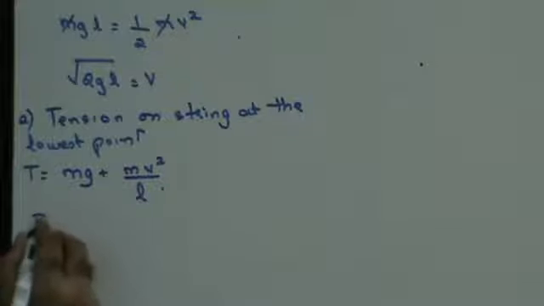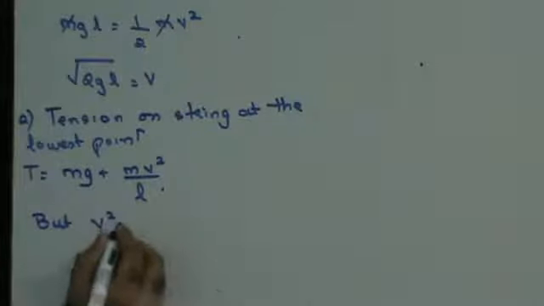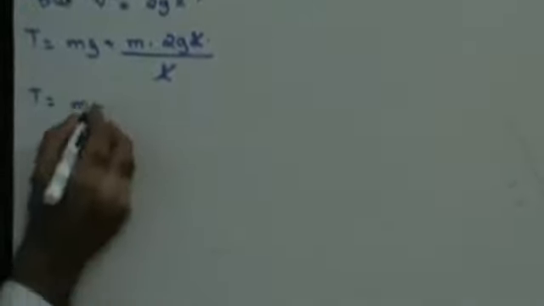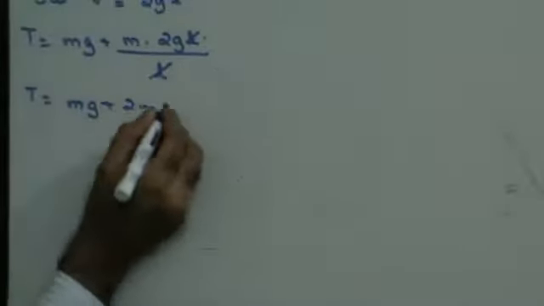Now, this is going to be your formula for this. V square is equal to 2gl, therefore tension is equal to mg plus m into 2gl upon L. L and L gets cancelled, so tension is equal to mg plus 2mg, so the tension on the string is going to be 3mg, right?